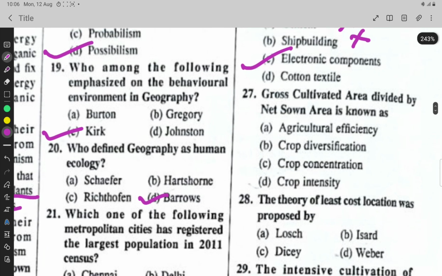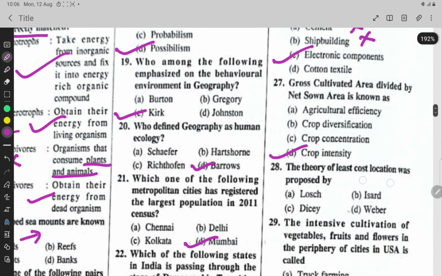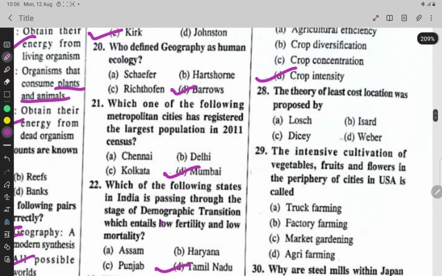Gross cultivated area divided by net sown area is crop intensity. The theory of least cost location was proposed by Weber.